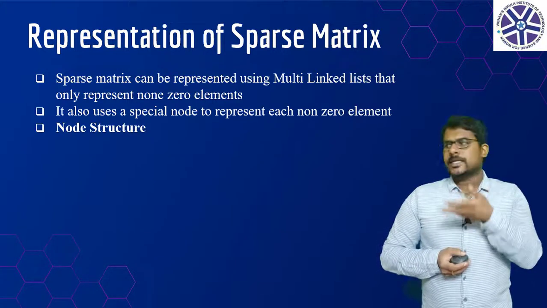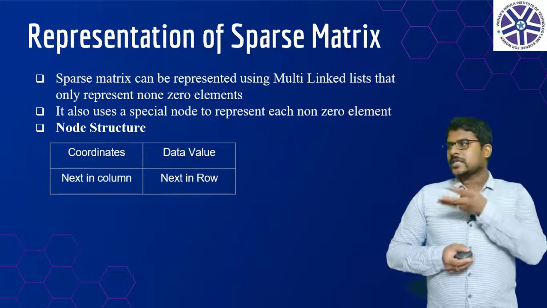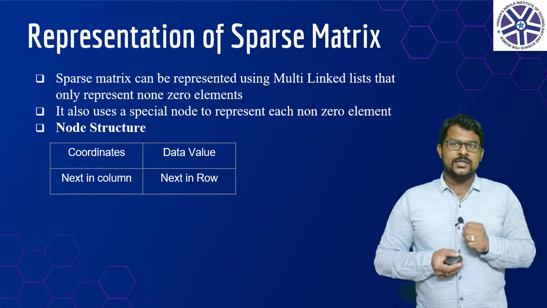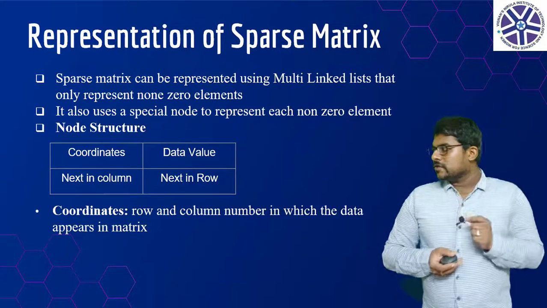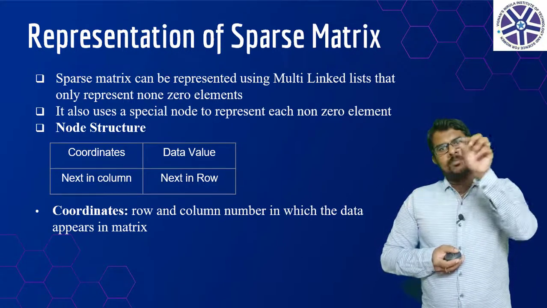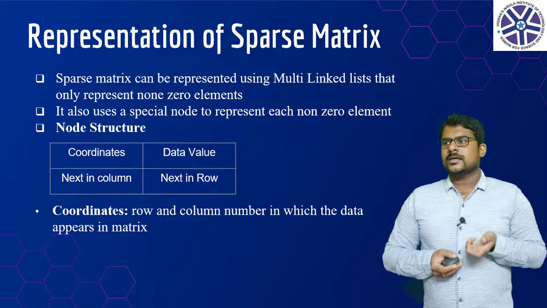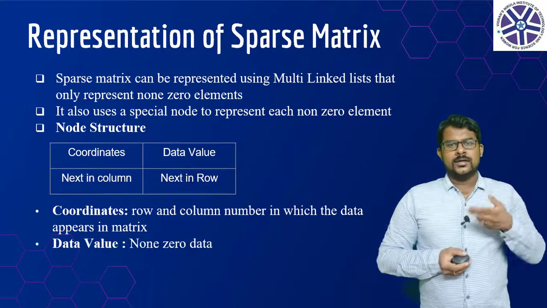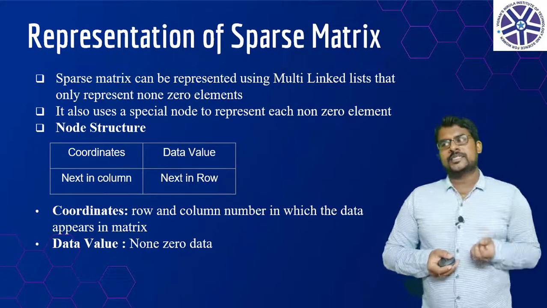For that we need a separate node structure. Let us see the node structure. It contains 4 fields. The first field is the coordinates, which is the particular row and particular column where the non-zero element is present. Next comes the data part, the non-zero element itself.